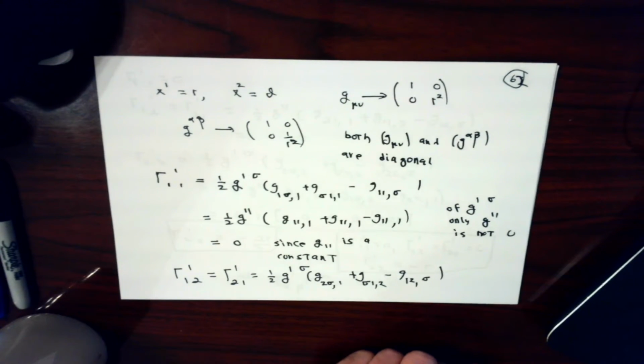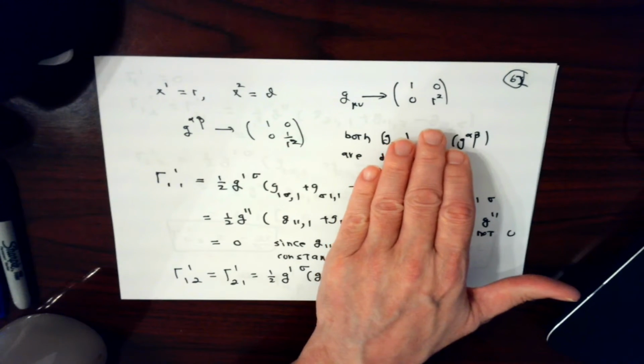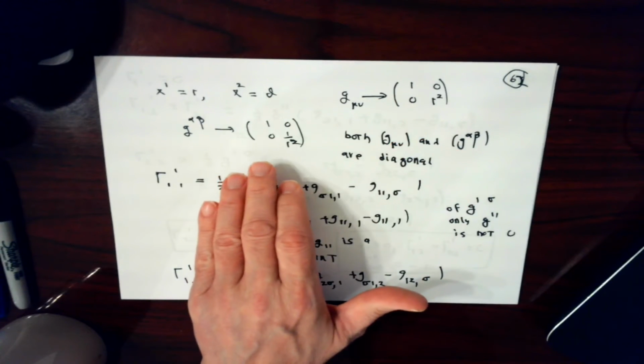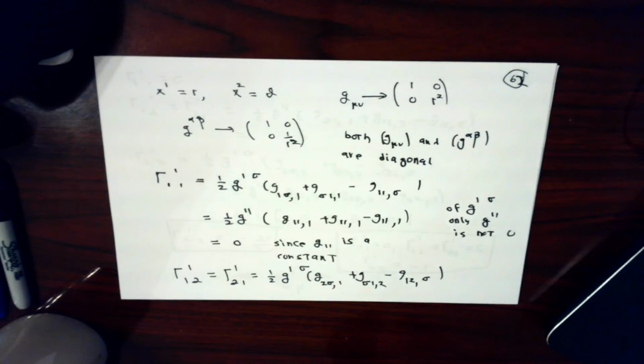If you want to be literal about it, we'll do polar coordinates. The inverse to the metric diag(1, r squared) is diag(1, 1 over r squared). The fact that the metric, either in its lower or upper configurations, is diagonal means a lot of these terms are going to be 0.